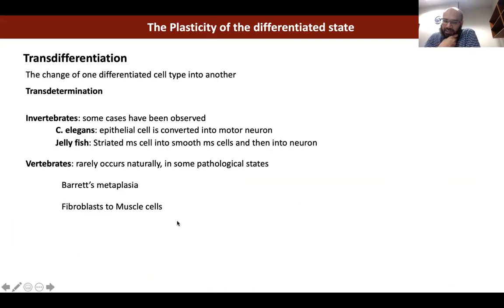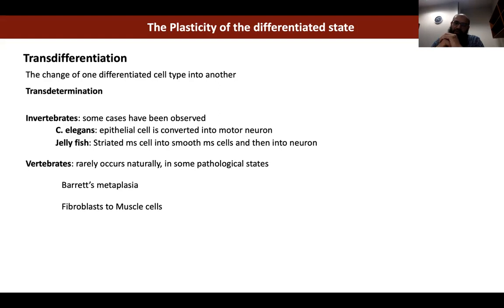In humans, transdifferentiation has been observed in a pathological state, and this is called Barrett's metaplasia. What happens is that there is a change of esophageal epithelium into a gastric type of epithelium. The lower part of the esophagus, in proximity to the stomach, is converted.